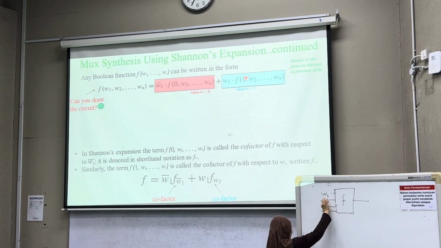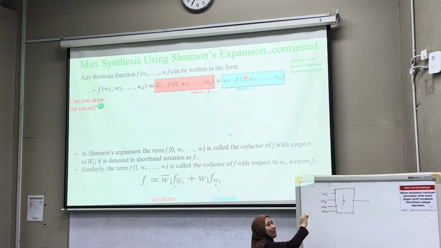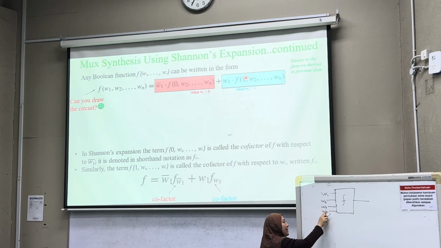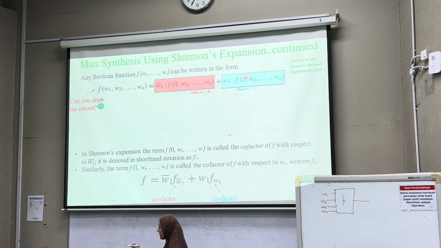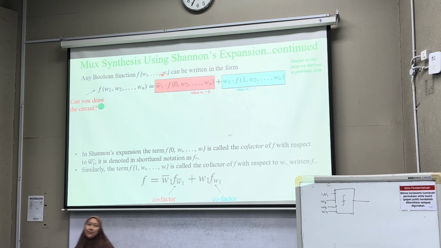Let's say W0, 1, 2, 3, but say I put W1, W2, W3, W4. As I showed in this function there, I've got W1, W1, and so on. So here's the pattern, right? This is like a 4-to-1 mux.